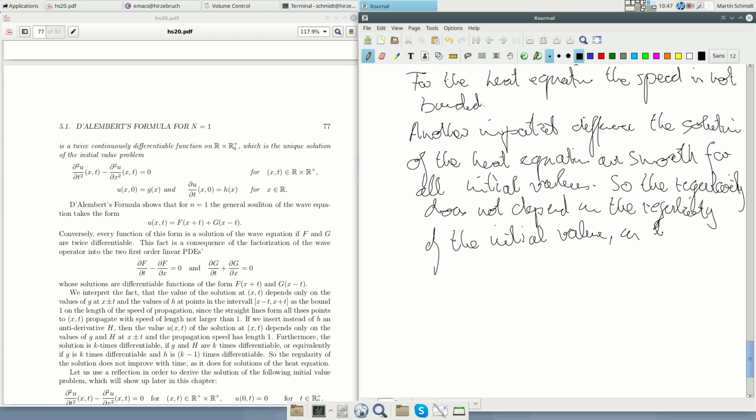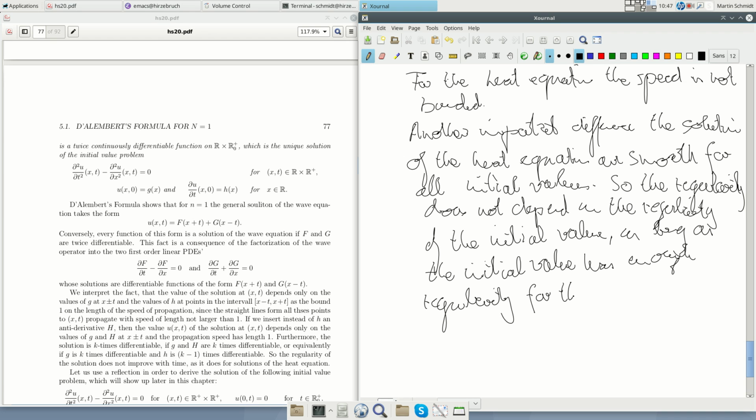Yeah, as long as the initial value has enough regularity for the existence.